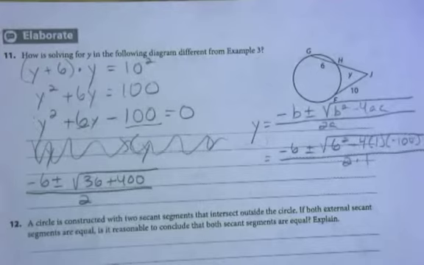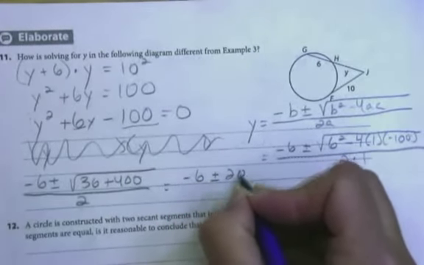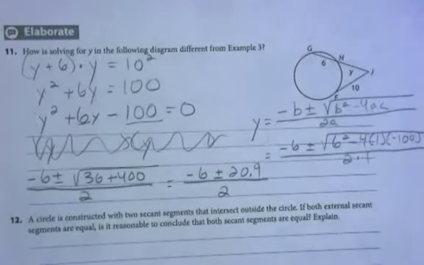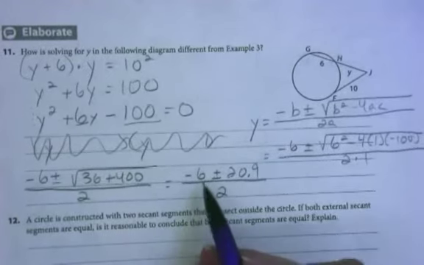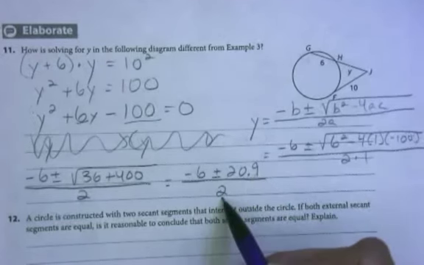Inside that radical, I have 436, and the square root of that is approximately 20.9. So I have negative 6 plus or minus 20.9 over 2. That means that there's two possible values for y here. However, if I take negative 6 minus 20.9, that's going to give me a negative number.